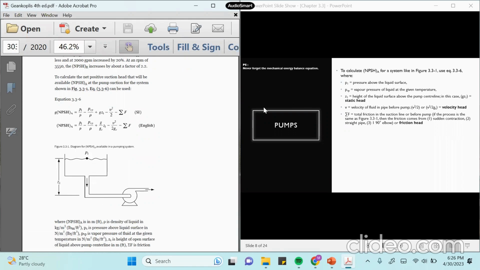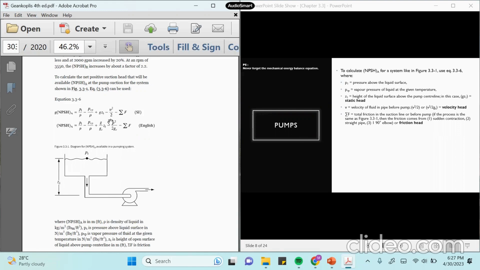In this case, gZ1 is the static head, and the velocity of fluid in the pipe we use the term V. This term we call the velocity head. So this is static head, this is velocity head.